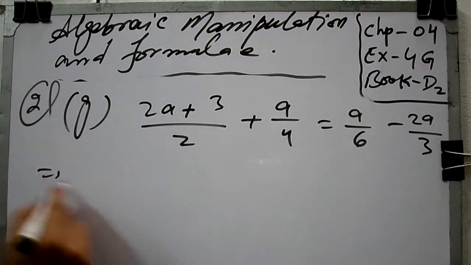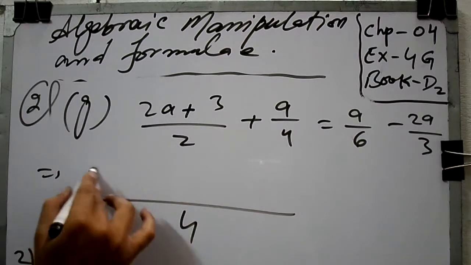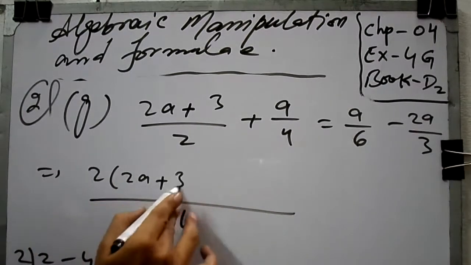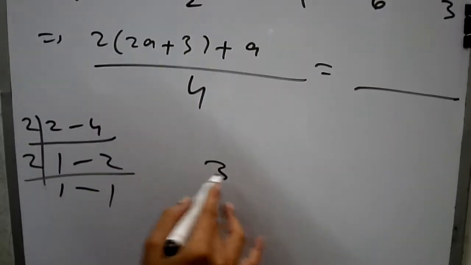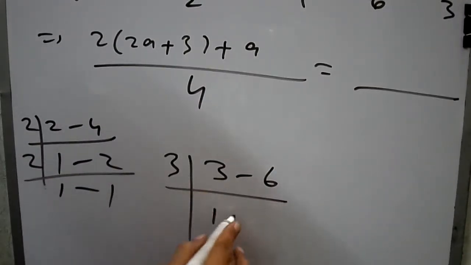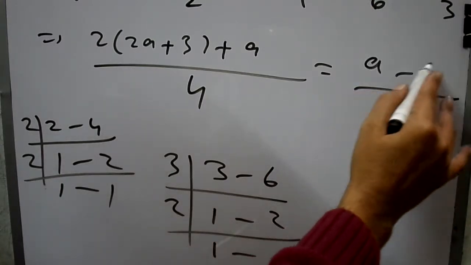So taking LCM, 2 and 4 you can check. So 4 is your LCM. Here 3 and 6, so 6 is your LCM.